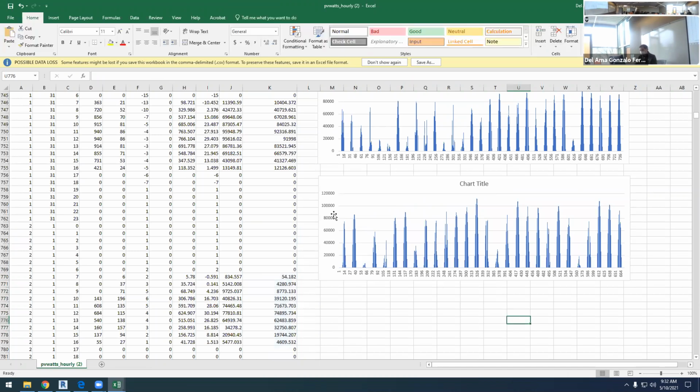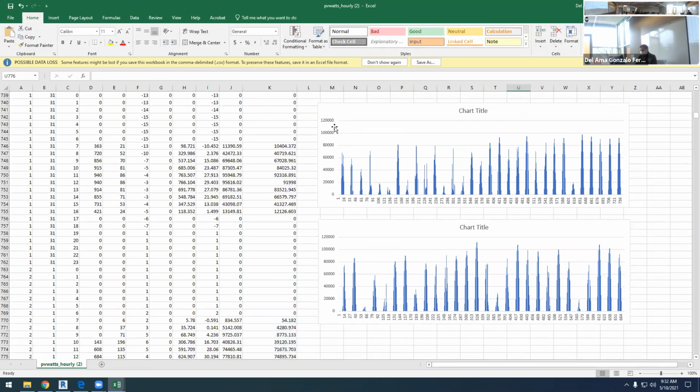So now, if we have the same scale, and this is important, we can see that the peak production in February is higher than the peak production in January. So the peak is around 100,000. And in February, we have 3-4 days in which the production is above 100,000. If it's cloudy in February, we have the same production as a cloudy day in January, okay?